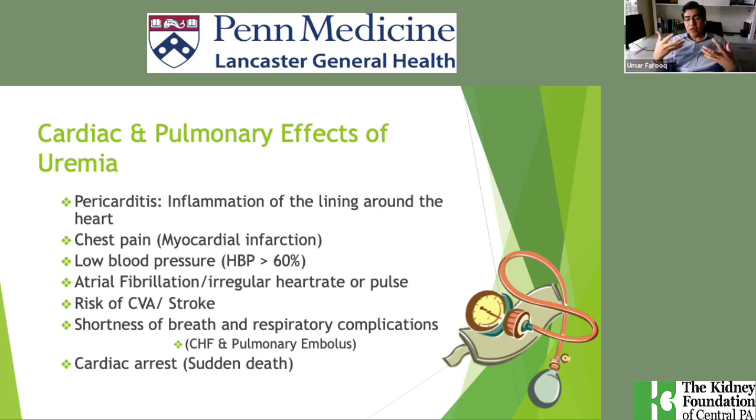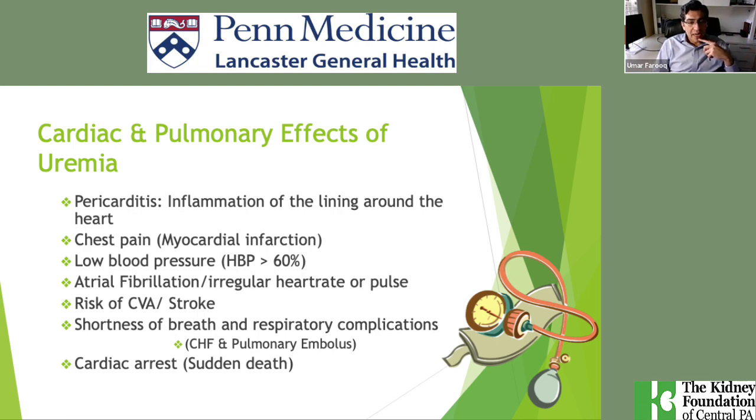And if fluid builds up, this goes into the lungs and can make breathing very difficult. Cardiac arrest or sudden heart death has been reported in patients who have uremia or whose kidneys are not functioning, and usually it's related to electrolyte abnormalities. Those electrolytes cause the rhythm problem in the heart.